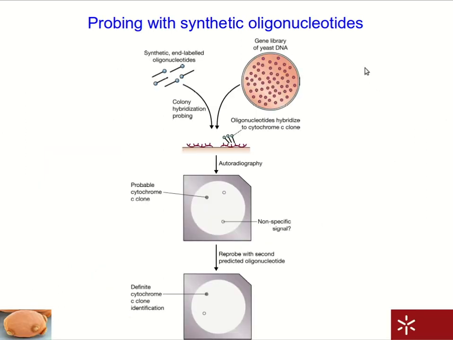Southern blot can also be used in combination with the DNA library. So instead of separating our DNA on a gel and then transferring to a membrane, we plate clones of the DNA library on a plate, and then we transfer this DNA to a membrane. And we use, for example, the 64 oligonucleotide probes from slide 20, labeled here radioactively in the end.